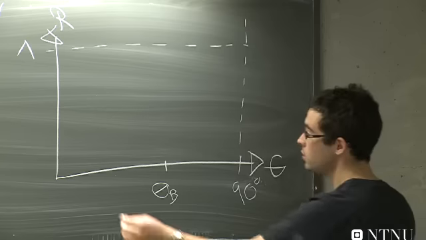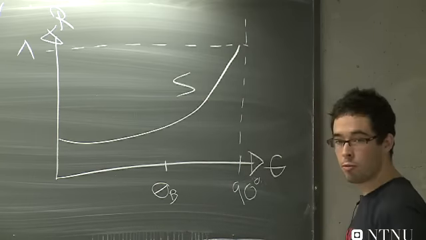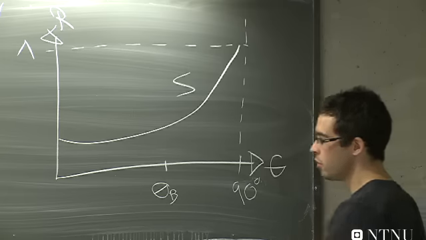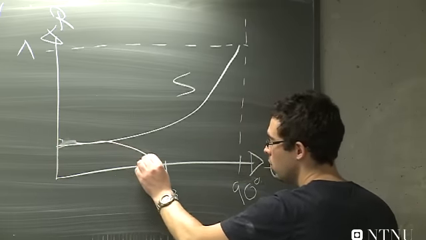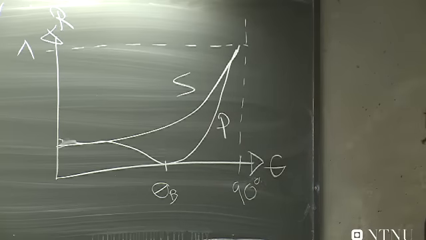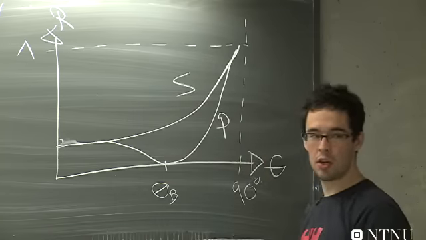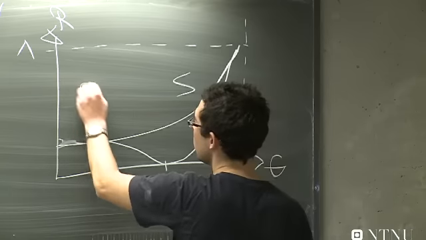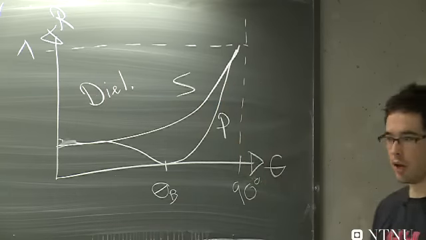Okay, so we get for S polarization something that goes like this. And for P polarization, you remember that we had the Brewster effect, meaning that you get something like this. All right, this is a dielectric. Glass is a dielectric. It has essentially no conductivity. So there's only a real part to the epsilon.